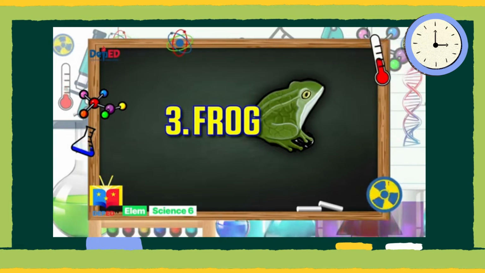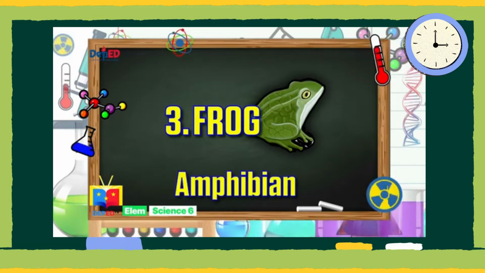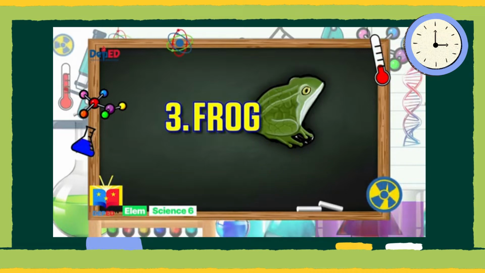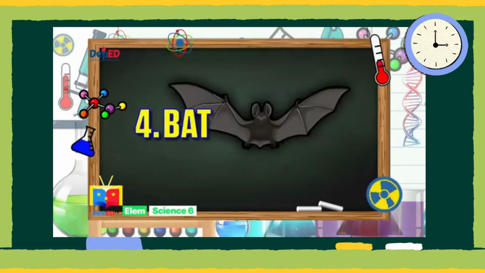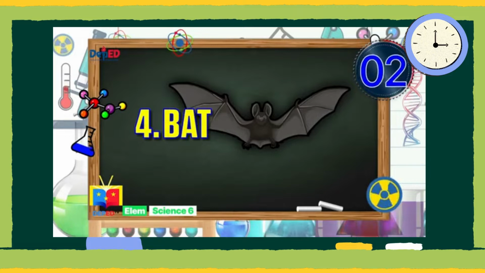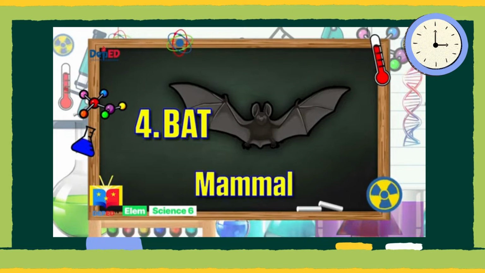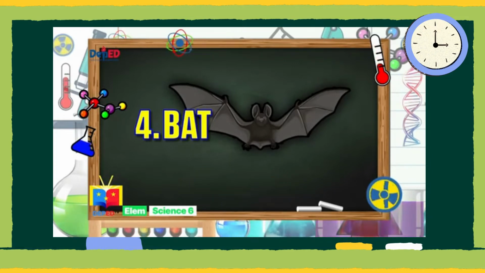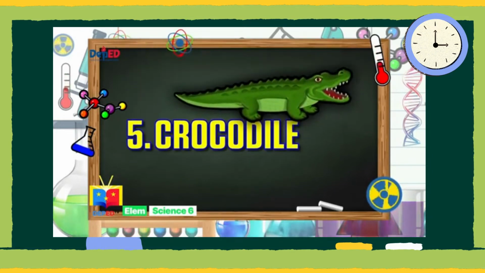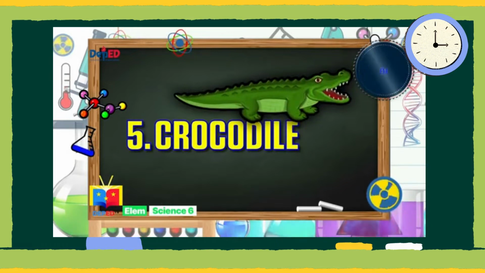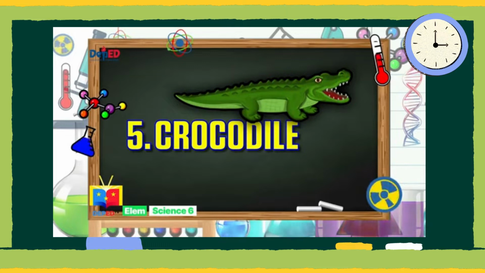That's right. A frog is classified as an amphibian. Number 4. Bat. That's correct. A bat is classified as a mammal. Number 5. Crocodile. Good. A crocodile is classified as a reptile.